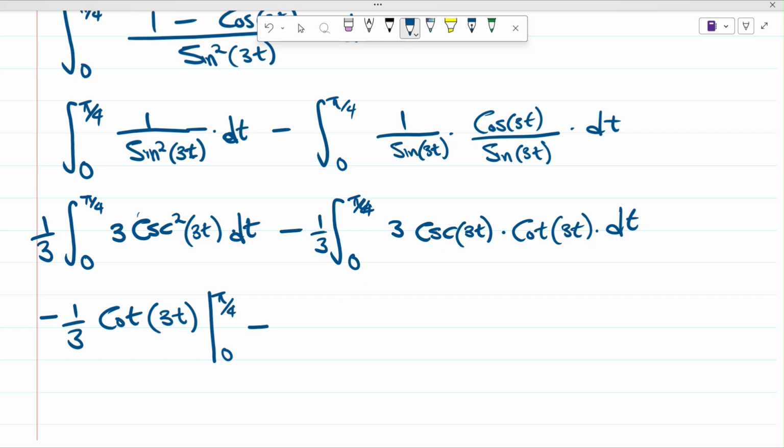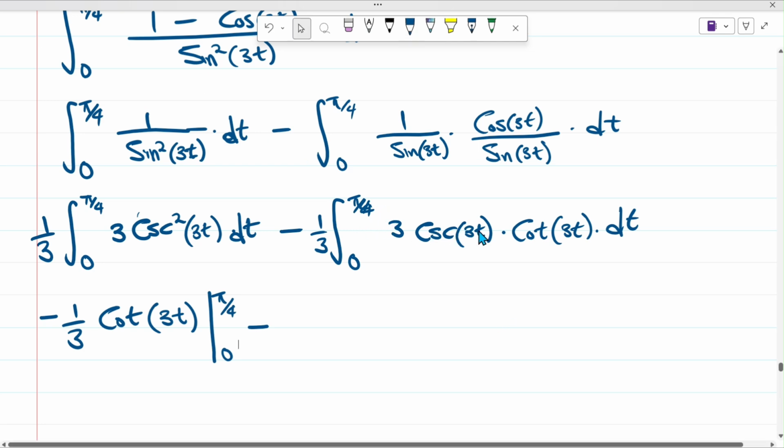And then I say minus these other ones, because I have the derivative of the argument and these two trig functions. And I know that something was differentiated to get cosec cot, right? So I just ask myself, what is it that was differentiated for me to get cosec cot? What is it? It's negative cosec, right? So it's going to be negative cosec.